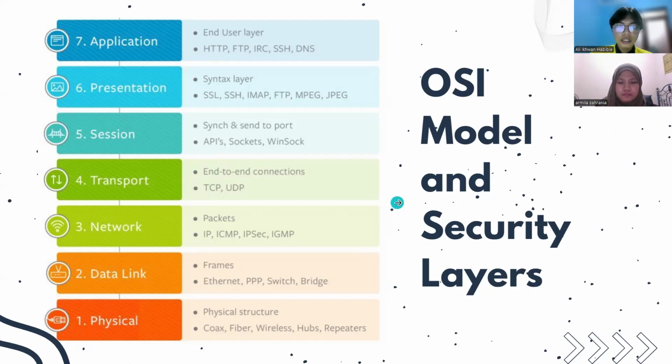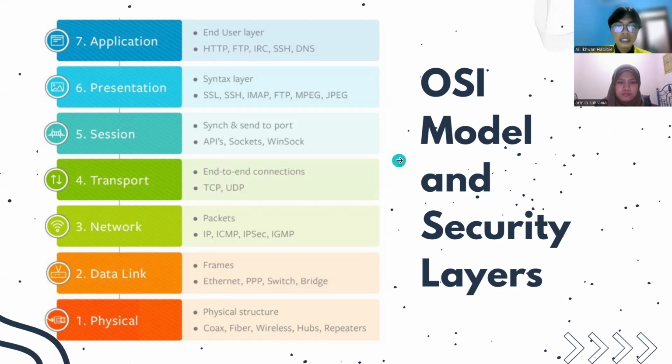The session layer establishes, maintains, and terminates communication sessions between applications using APIs and sockets to manage connections effectively. The presentation layer translates, encrypts, and compresses data to ensure proper interpretation between different systems.